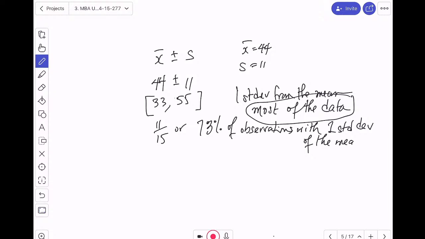Okay, so that's how we do it. We show a range of values. Most of the data, most of the hits, are between 33 and 55. So it's high.